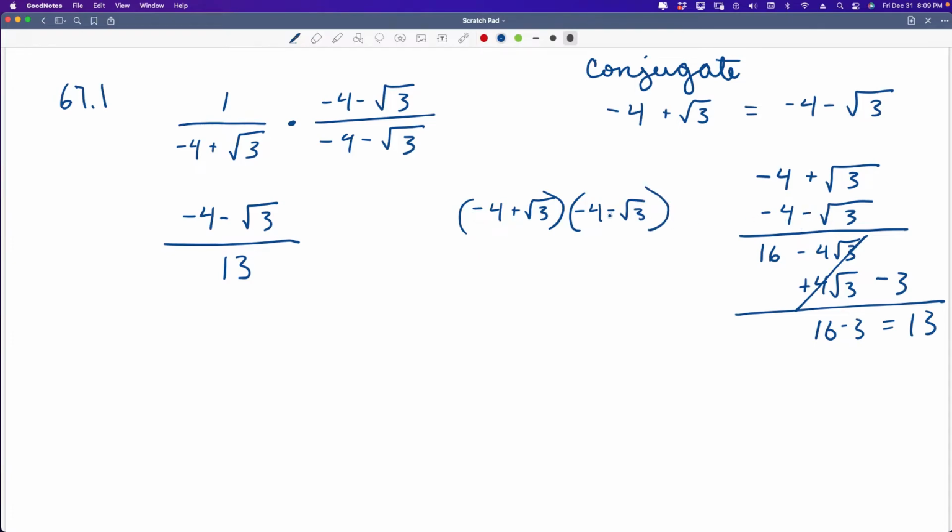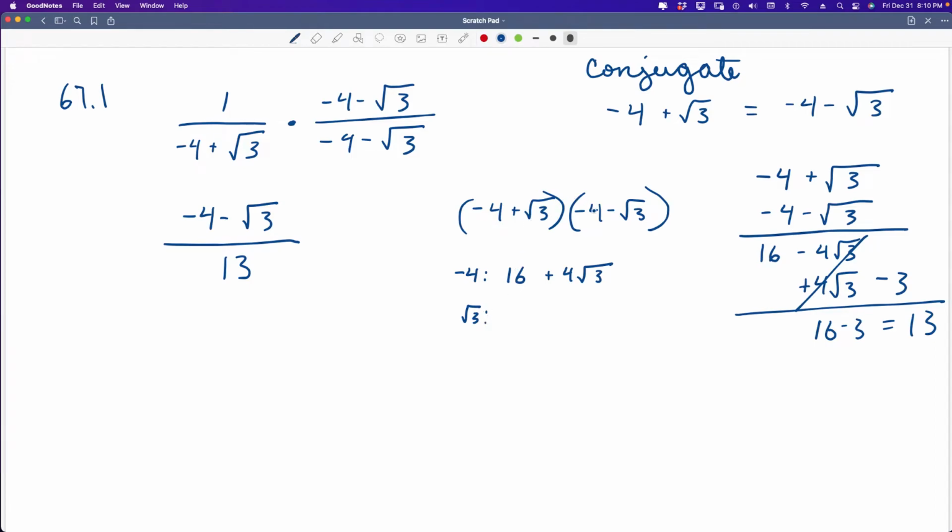If this is what is easier for your brain to see, then do what your brain needs. So we would take negative 4 first. Negative 4 times negative 4 is a positive 16. Negative 4 times a negative square root of 3 gives us a positive 4 times the square root of 3, because a negative and a negative are positive. Then we would move on to the square root of 3.